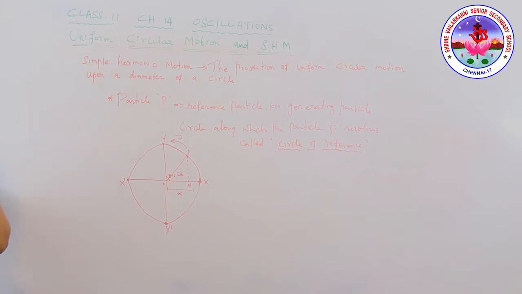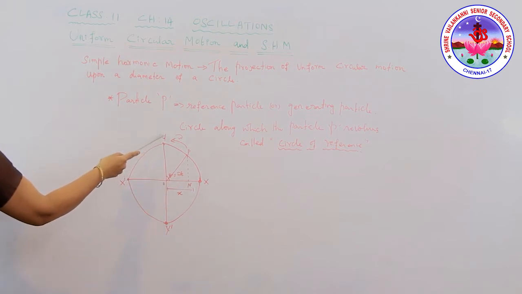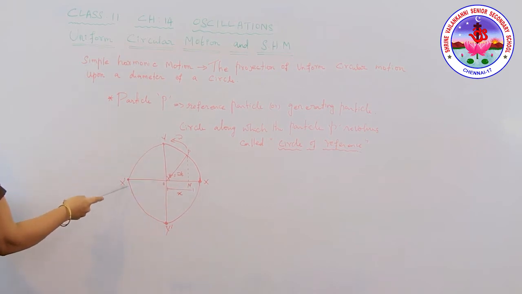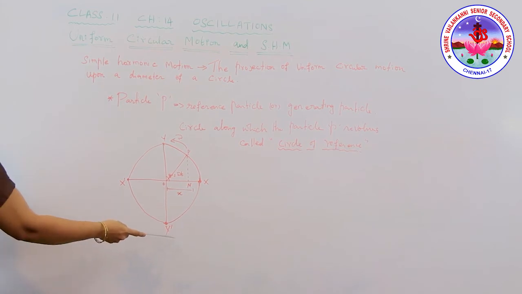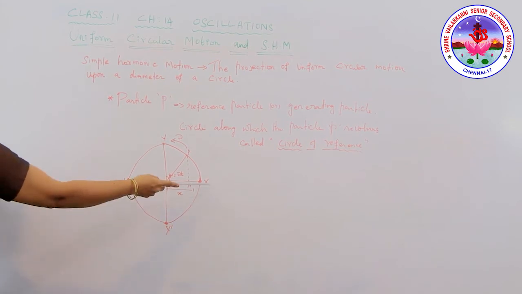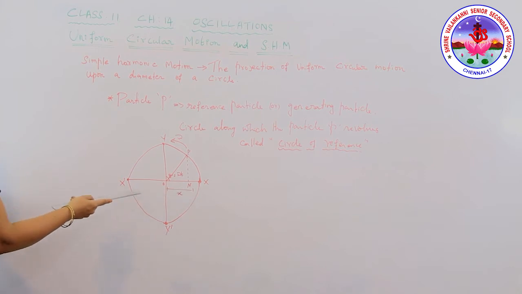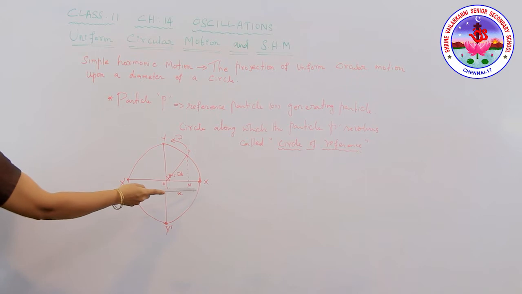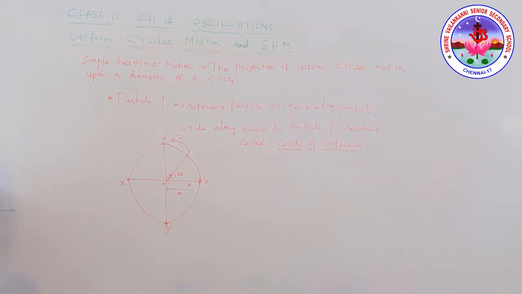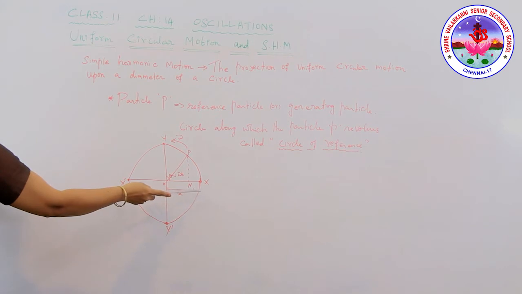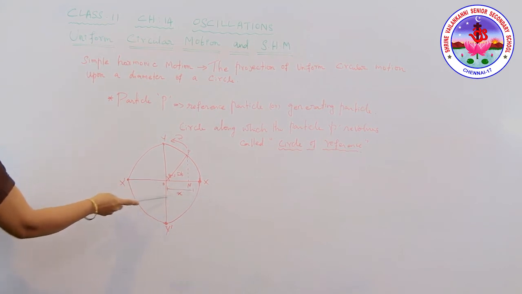As P moves along the circle from x to y, then from y to x dash, then x dash to y dash, and again from y dash to x, N moves from x to O, then O to x dash, then x dash to O, then O to x. Thus, as P revolves along the circumference of the circle, N moves to and fro about O.